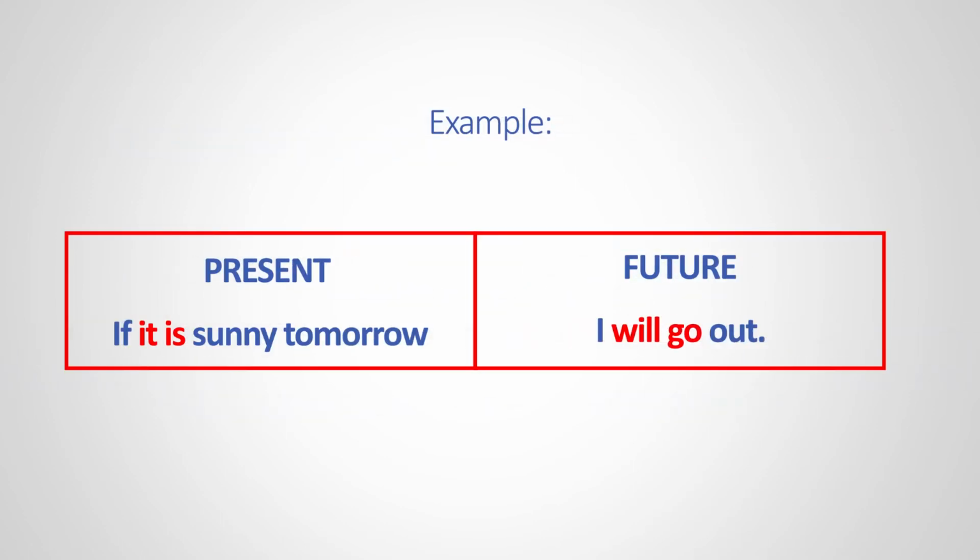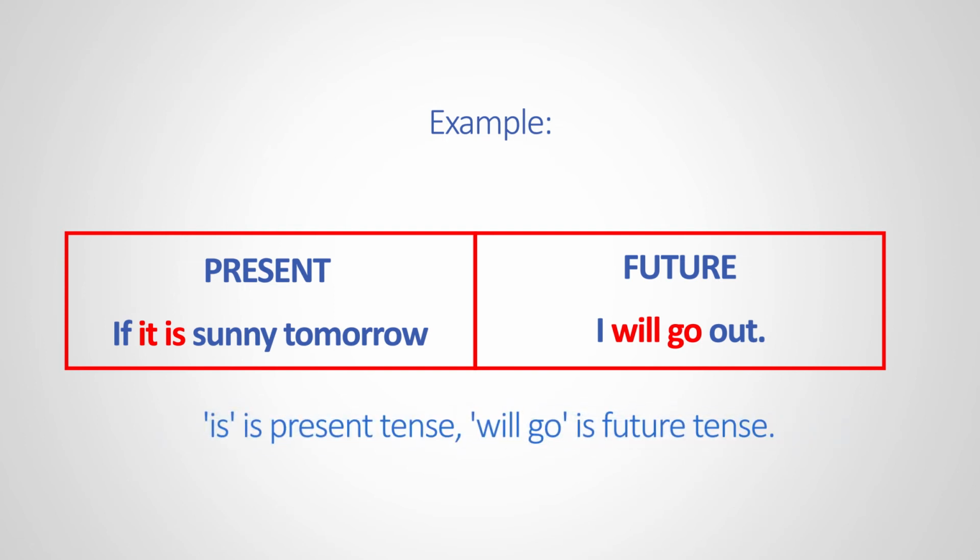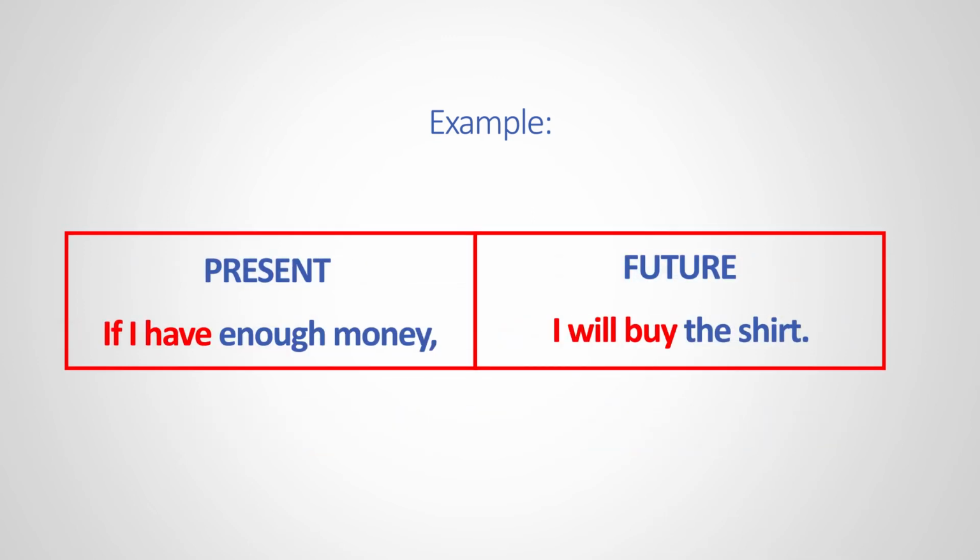Example: if it is sunny tomorrow, I will go out. Is present tense. Will go is future tense. If I have enough money, I will buy the shirt.